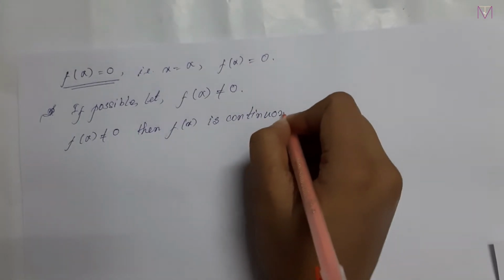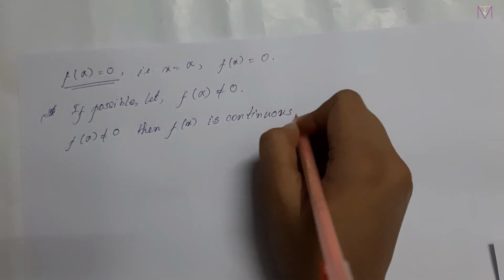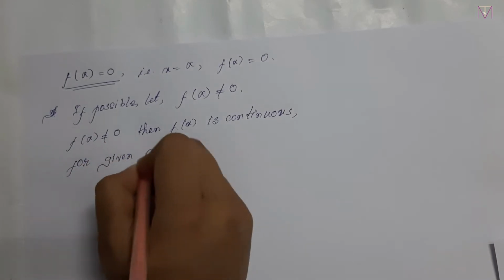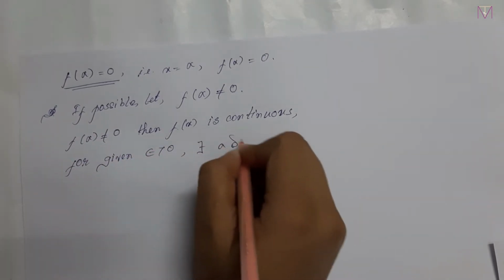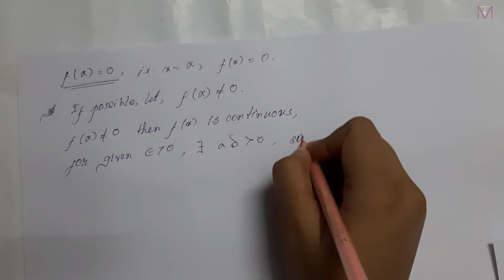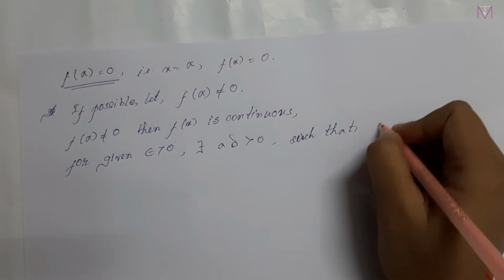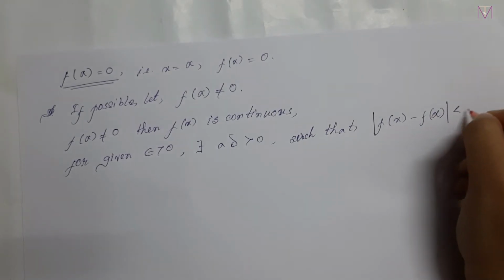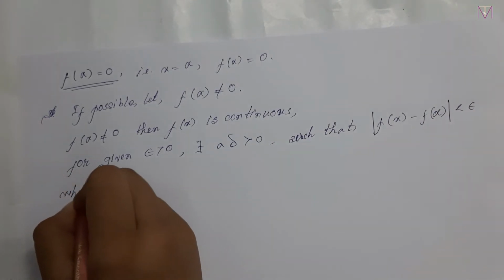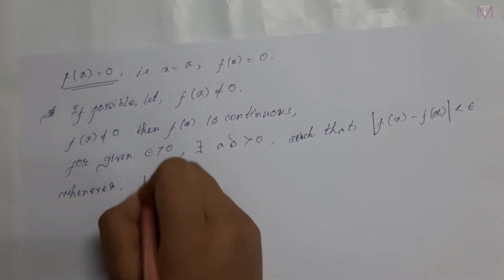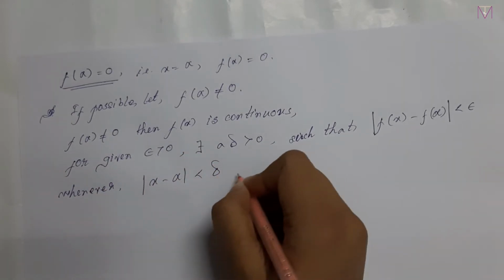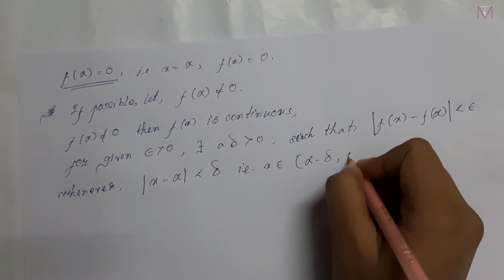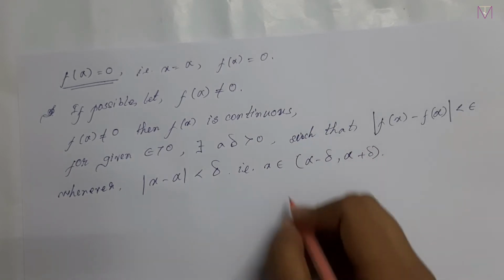Then the definition says that for given epsilon greater than 0, there exists a delta greater than 0 such that |f(x) minus f(alpha)| less than epsilon whenever |x minus alpha| less than delta. So from this we can say x belongs to the open interval (alpha minus delta, alpha plus delta).